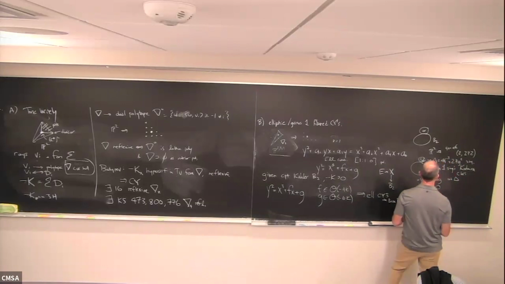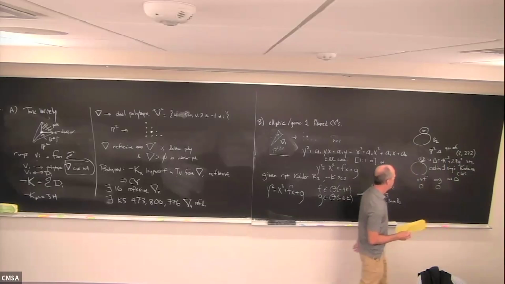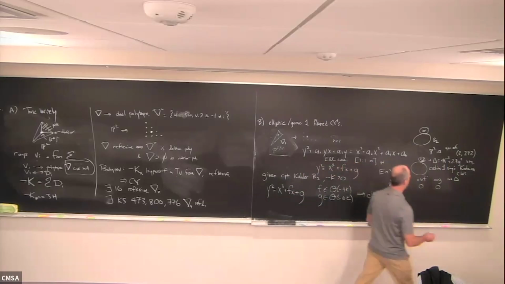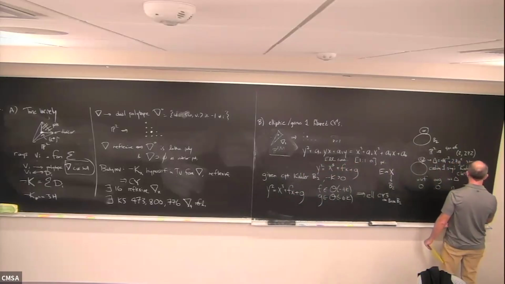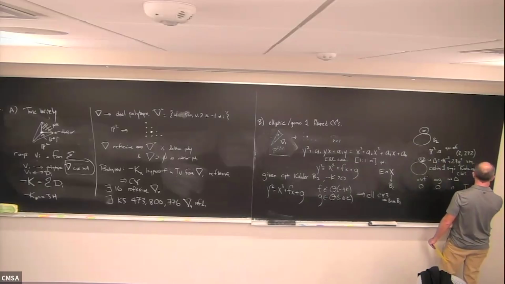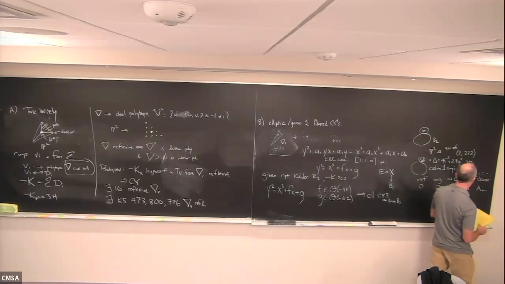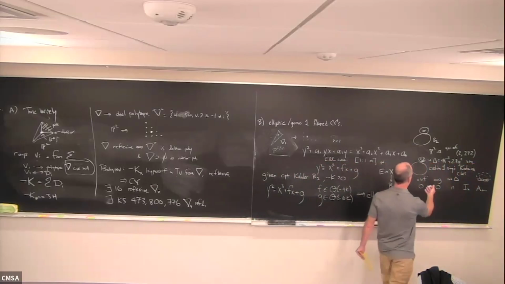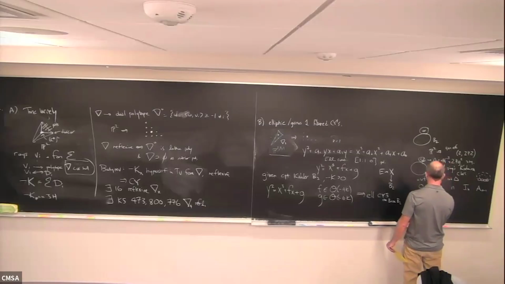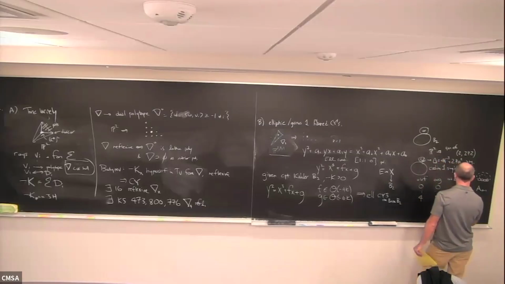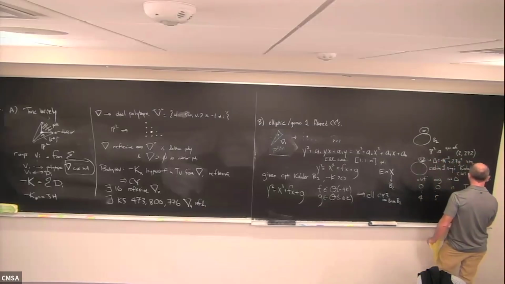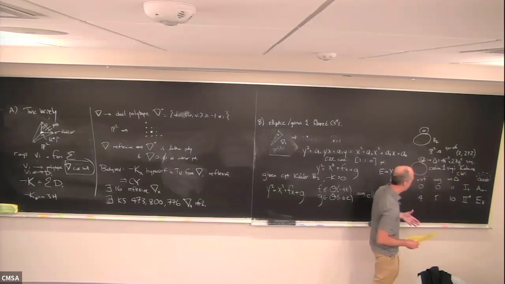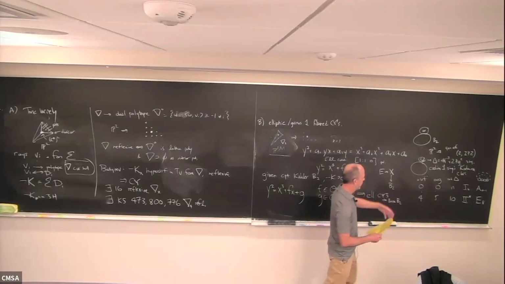So for instance, a singularity in delta, where there's no vanishing of f and g, to order n, gives us what's called an I_n singularity. And if we resolve it, we get an affine Dynkin diagram of the type A_{n-1}. And things get more complicated as the order of vanishing of f and g goes up, and eventually we get up to (4, 5, 10), at which point we have a type II star singularity, which has the form of an affine Dynkin diagram of E8 when we resolve the singularity.